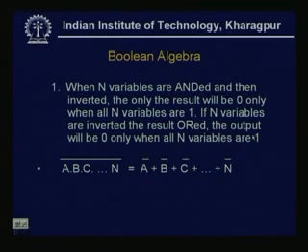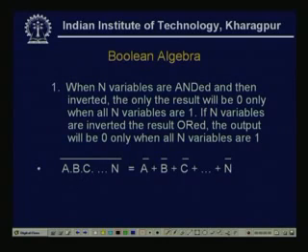What does it mean? If I write the expression, I am taking n variables a, b, c up to n. First, these n variables are ANDed, so this dot means AND operation is being done.